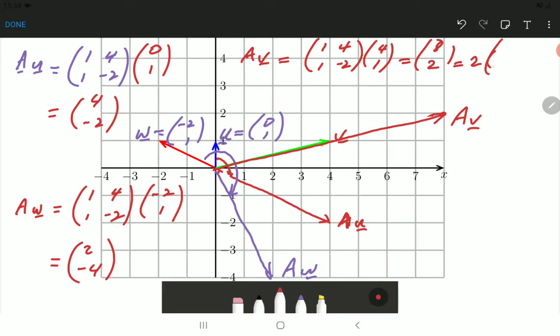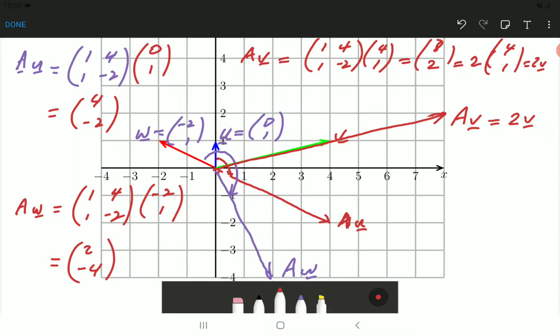So we can write this vector as 2 into 4, 1, which is the same as 2 times V. So AV here is 2 times V, confirming that it is actually in the same direction as V.